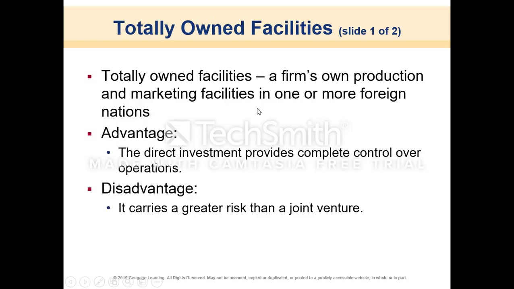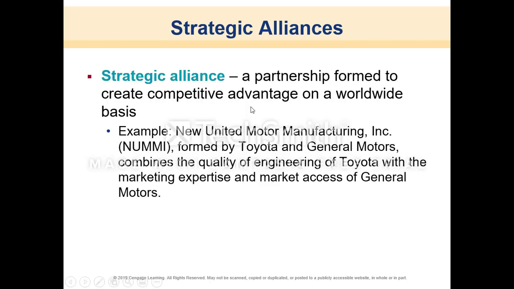And then another way that you can enter a foreign market is by having totally owned facilities. That's a firm's own production and marketing facilities in one or more foreign nations. An example of this would be General Motors. And here's a couple slides explaining that a little further.